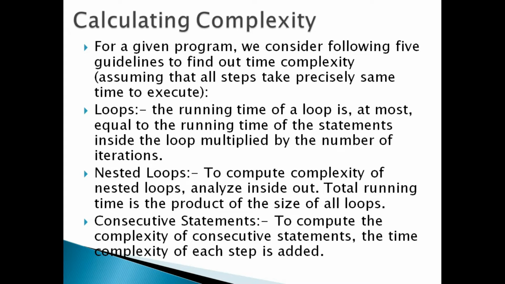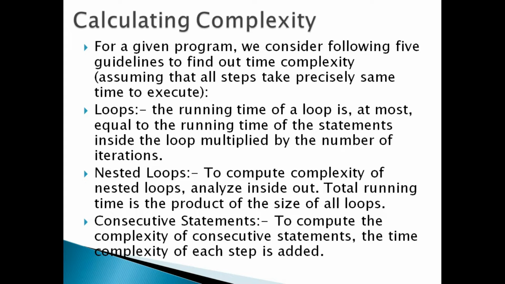So if there are 5 instructions, we are assuming that all those 5 instructions take similar time to execute. So what are those parts? You are familiar with programming, so you can understand all these 5 points. The first one is loop.